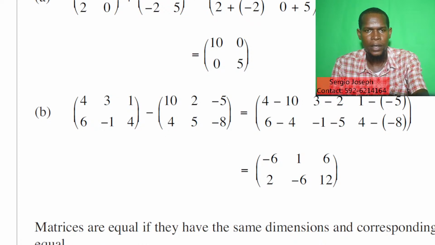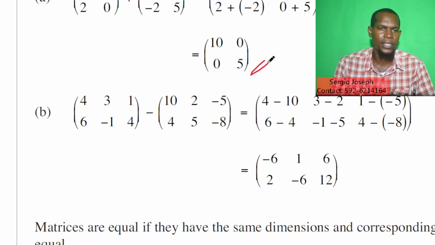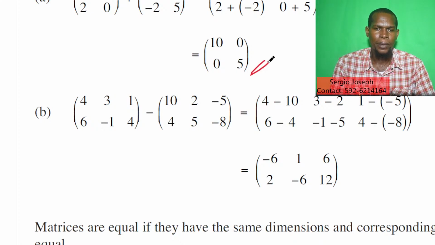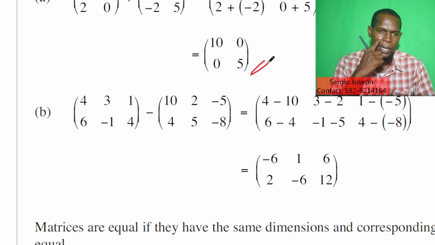Set it down, equal 5 plus 5. And you simplify: 5 plus 5 is 10, minus 1 plus 1 is 0, 2 plus minus 2 is 0, 0 plus 5 is 5, and that's the solution for your matrix. That's simply how you do addition, with corresponding elements.